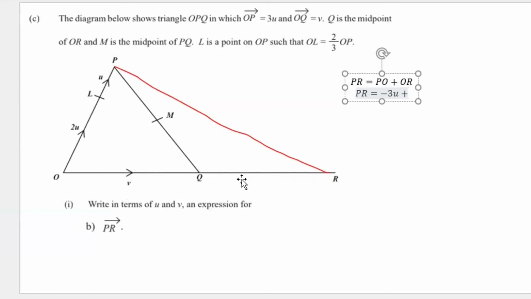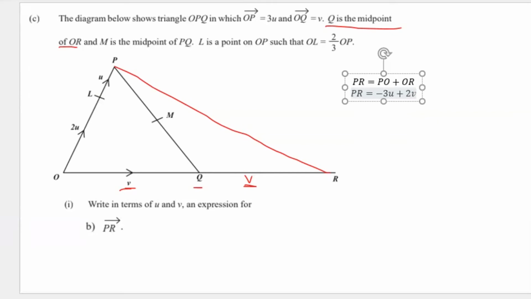So if right here is v, it means that right here was v as well, because remember, the question did state that Q is the midpoint of OR. If O to Q is v, the other half is also v. So OR will be plus 2v.